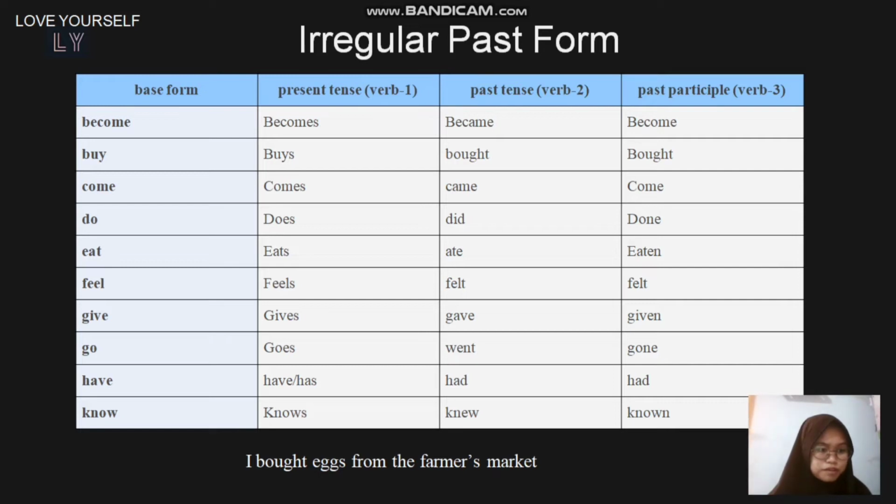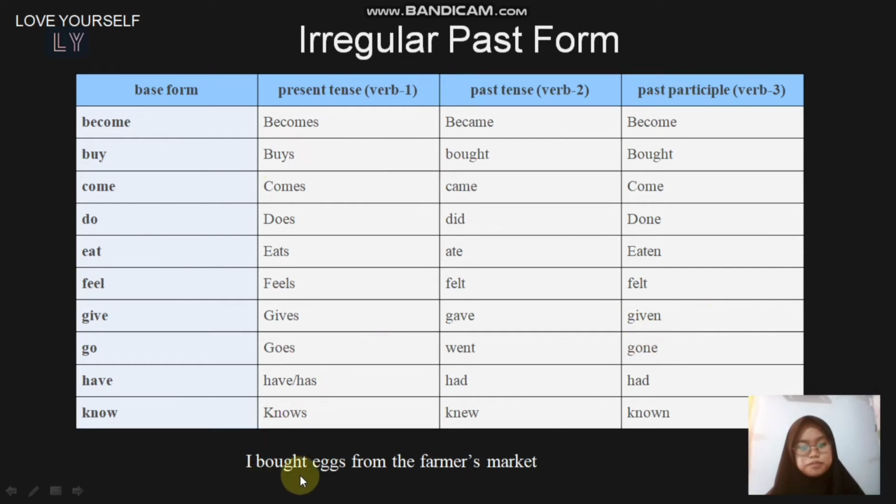Some forms of past tense and past participle are the same as the basic form, while others are different, but most of these verbs have the same past tense and past participle form. Examples of irregular verbs are become: present tense or verb 1 becomes, past tense or verb 2 became, past participle become, like this.